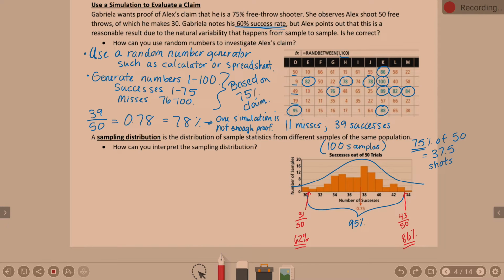Now, I'm going to write down some of this information over here. Let's see. What do I want to say here? So I'm going to mention 95% of the data is approximately 95 of the 100 samples.